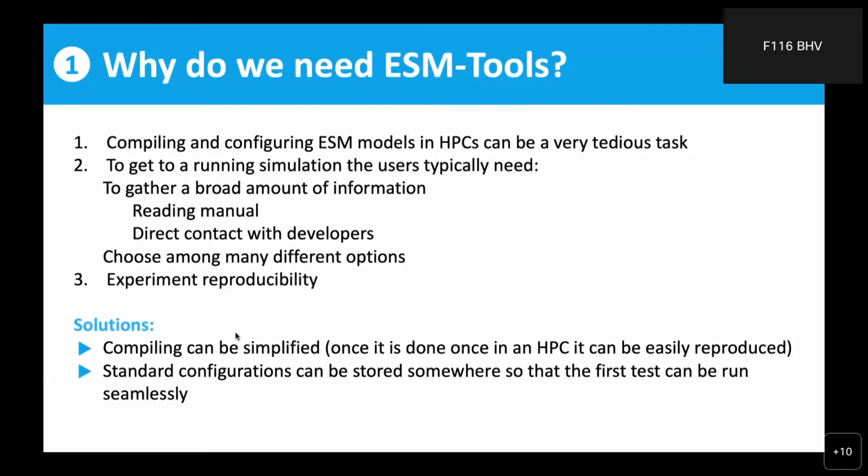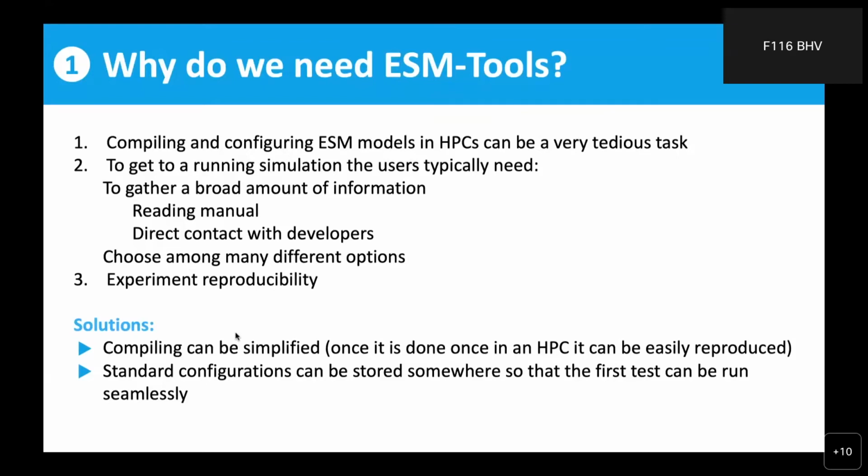So, for example, once compilation is done for one single computer, and we have recorded all these steps, if we share these steps, it's pretty easy for someone else to just compile this. And for running the simulations, we can define a set of defaults.